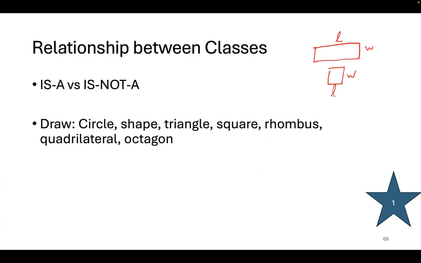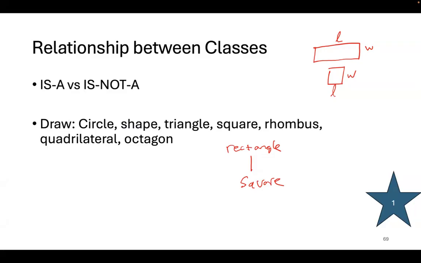And so we can say that a rectangle is a square, right? A rectangle is a square, but is a square, no, I'm wrong. Is a rectangle a square? No. Is a square a rectangle? Yes.